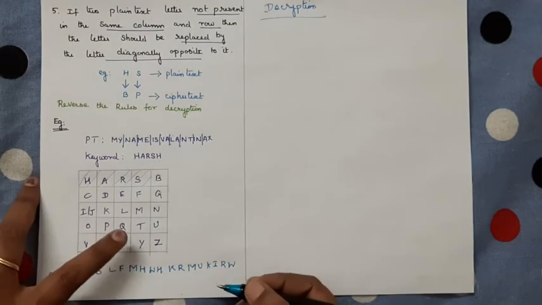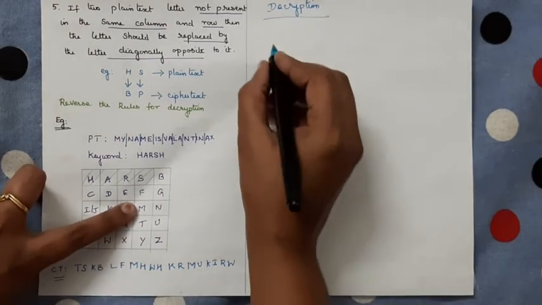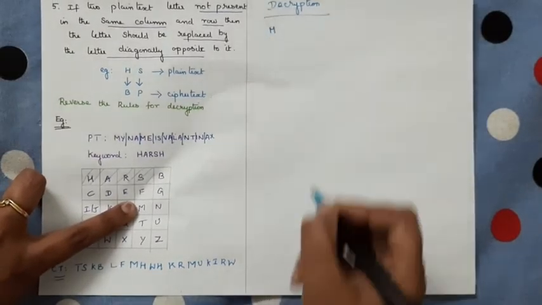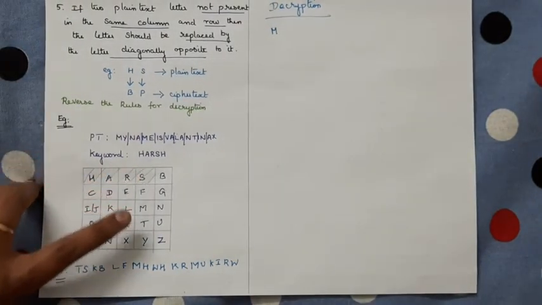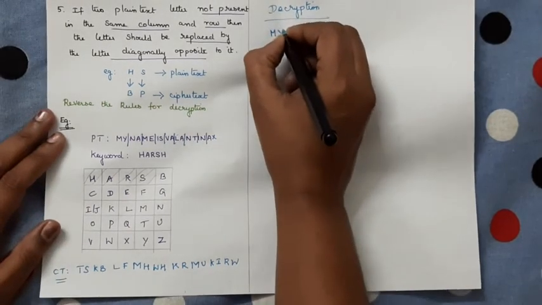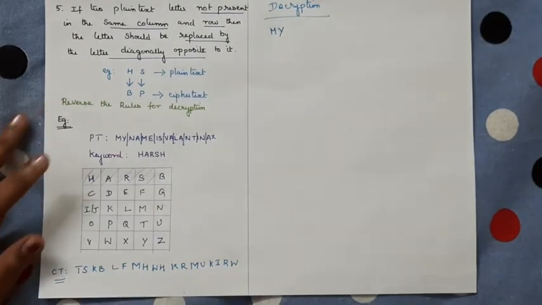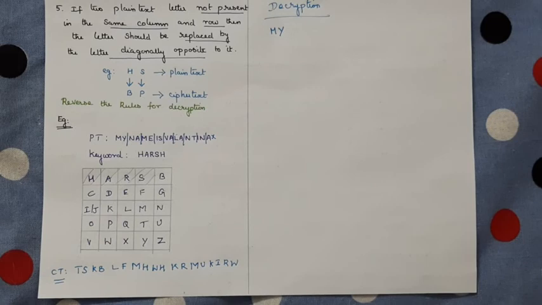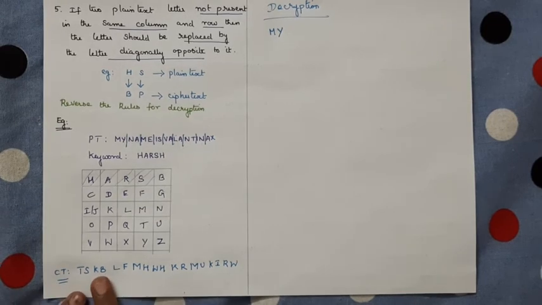So the top of T is M, and the top of S is Y. So my first pair has been done. I have got my first pair of plain text.